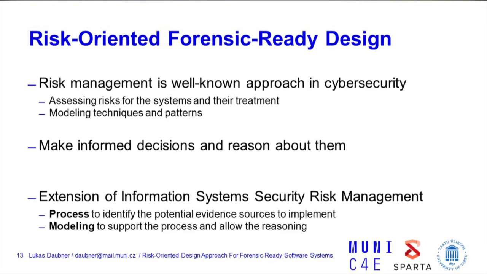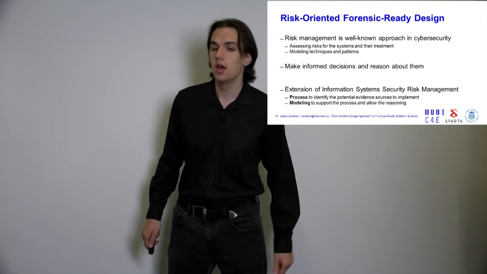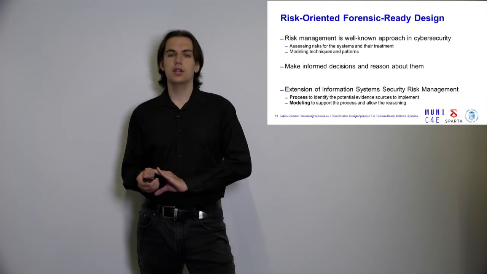Therefore, we proposed this novel risk-oriented forensic-ready design, because risk management is a well-known approach in cybersecurity. We want to assess risk and the treatment to allow more informed decisions about forensic-ready controls. There are two parts.